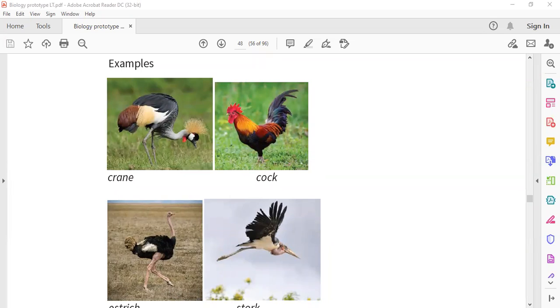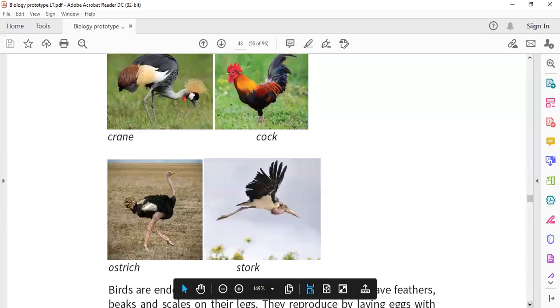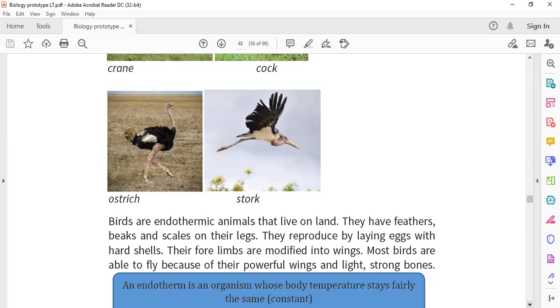Those are some of the characteristics that you have been able to use.